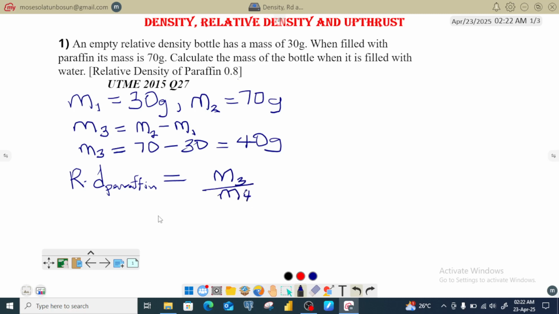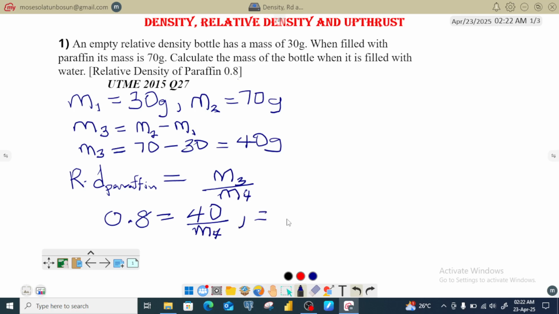Let's take note of all those letters we are using. The relative density of the paraffin is given as a constant in the question, and that is 0.8. The mass of the paraffin, which is M3, is 40, and we are looking for the mass of equal volume of water that will fill this empty density bottle.